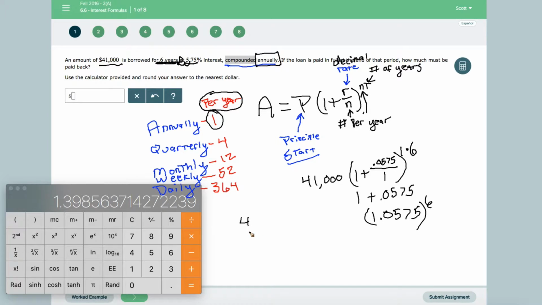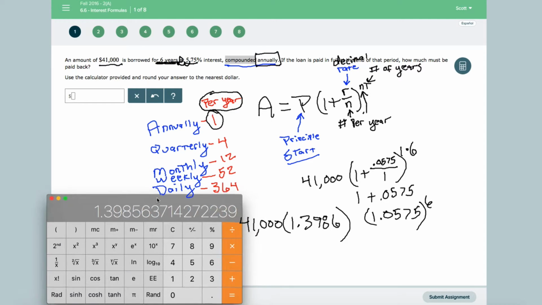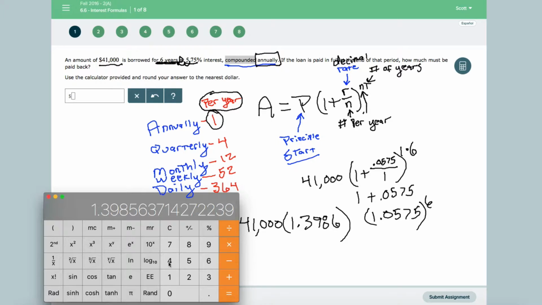So we've got 41,000 times, and I'm just going to go a few decimal places, 1.3986.